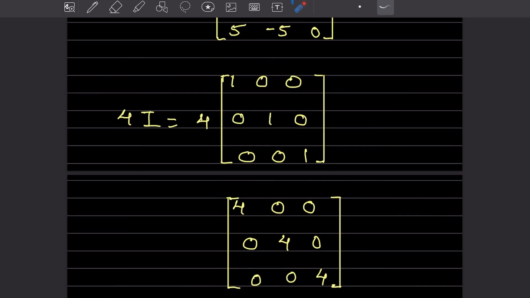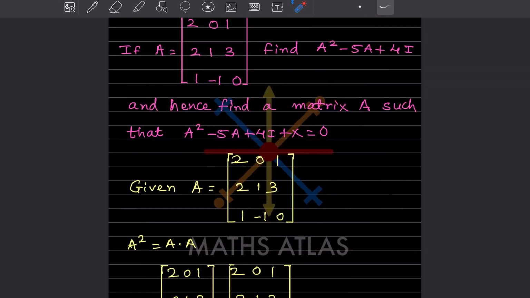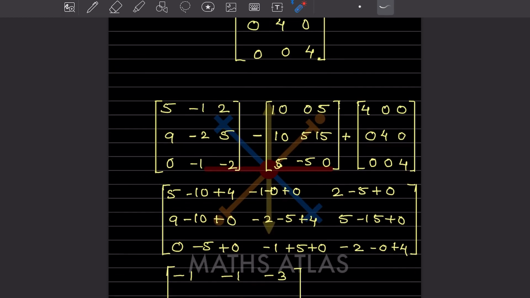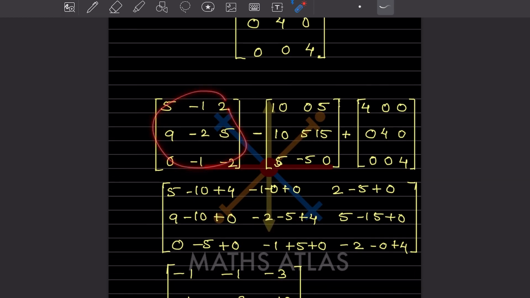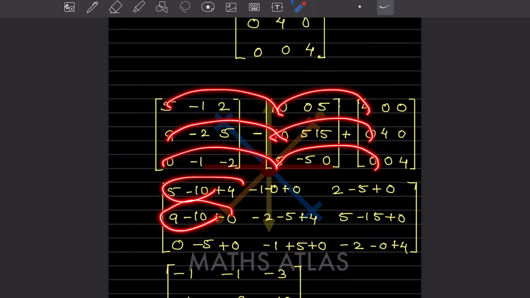So now what we can see here, we are going to add all, because we want here a square minus 5a plus 4i. So we got this value for a square, minus 5a, and this is for I. So after doing this, here, this is here, this is here, because minus is outside, so be careful.